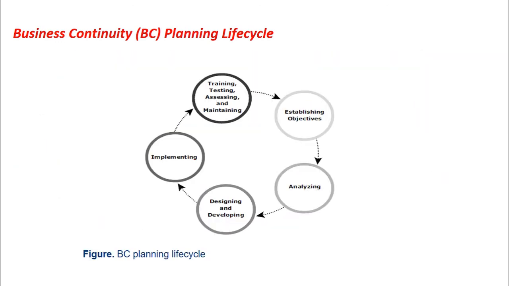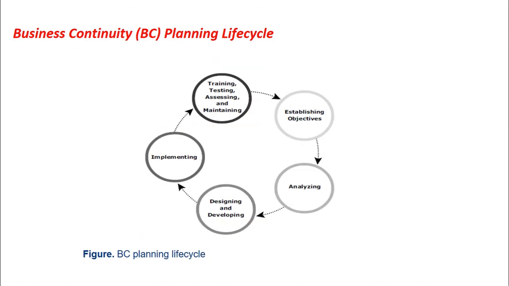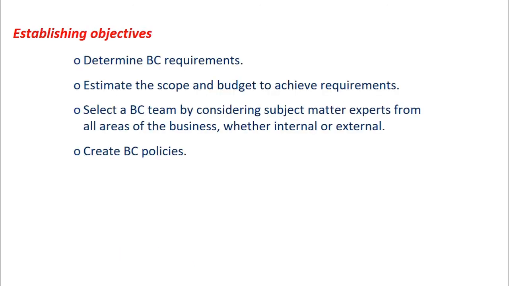As shown in this diagram, there are 5 phases: establishing objectives, analyzing, designing and developing, implementing, followed by training, testing, assessing and maintaining. So all these are the 5 stages in the business continuity planning life cycle.